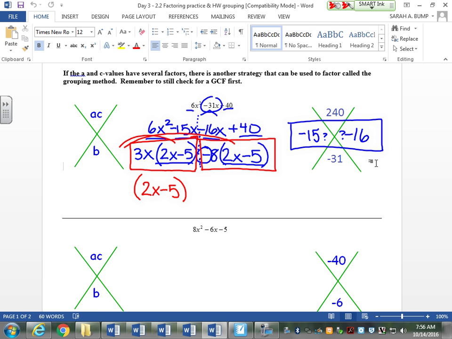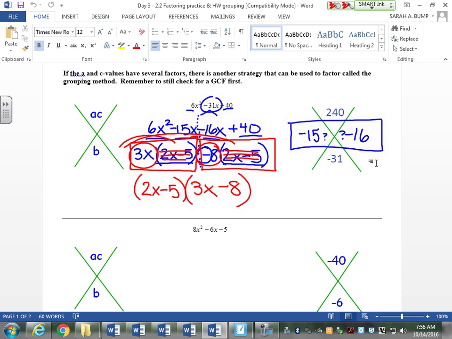But if I cover up the 2x minus 5 on both sides and pretend I factored them out, you would be left with the 3x right here and the minus 8 right here. And that is our final answer. So the factor both sides have in common, which is the 2x minus 5, is factor number 1. And if you remove that, what you're left with is factor number 2, the 3x minus 8.